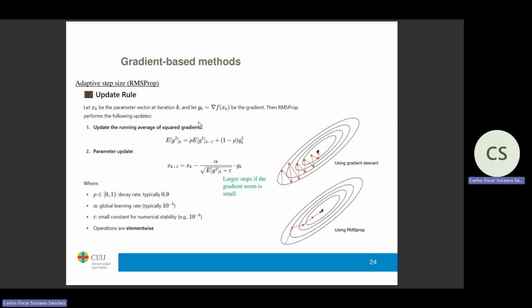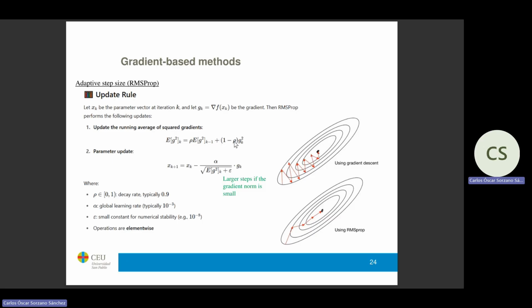So you start with the gradient. The first one will be 0, so the expected value of the gradient will be 0. And this rho is a parameter, kind of 0.9. Okay? So here you have 0.9.